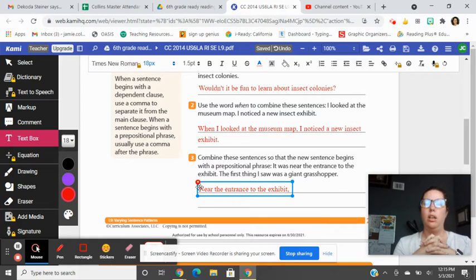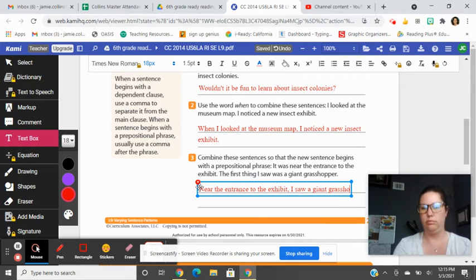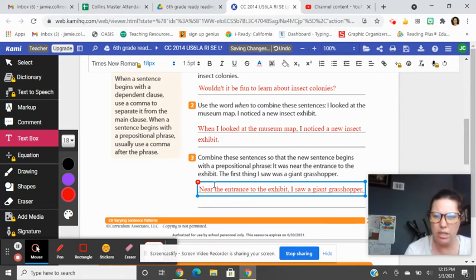There we go. So I'm being specific here to say where is the exhibit? It's near the entrance. I saw a giant grasshopper. Okay. So, I mean, I could leave it as that, but I did not include the first thing I saw.